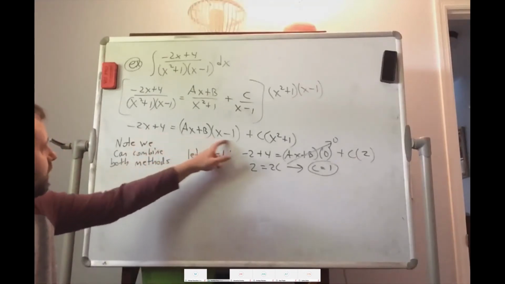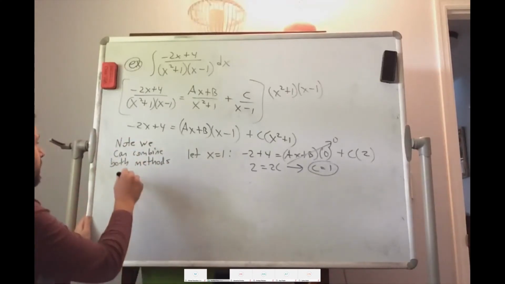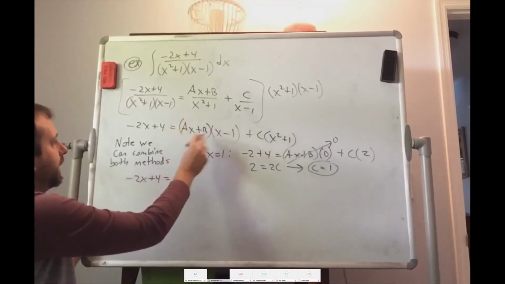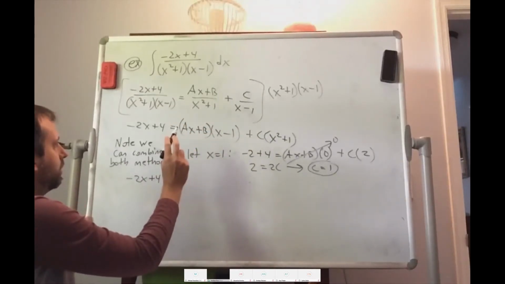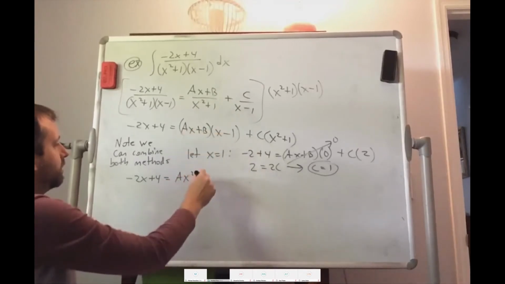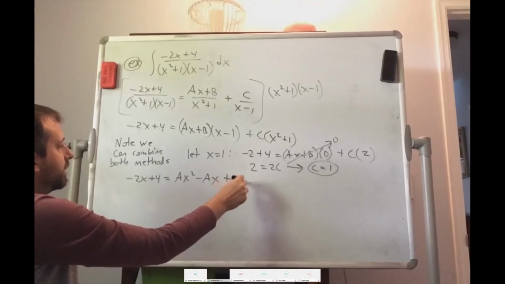So now we have to multiply all this stuff out and create our system of equations like before. So negative 2x plus 4. Now this all has to be FOIL. So ax times x is ax squared. Ax times minus 1 is minus ax. B times x is bx.